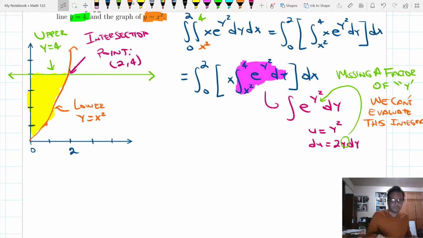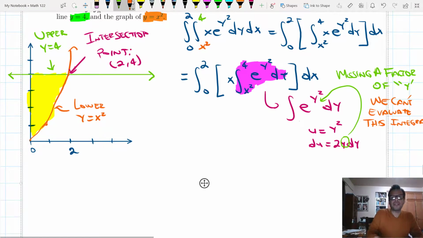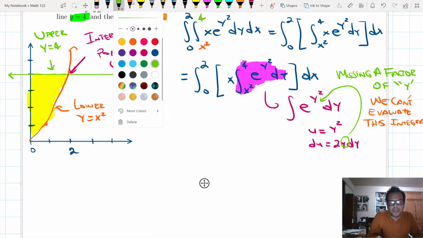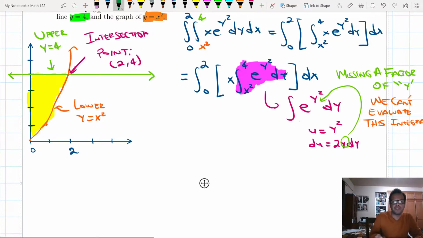Now, let me highlight this in a nice way. I need a different color here. I'm going to use this strong green.